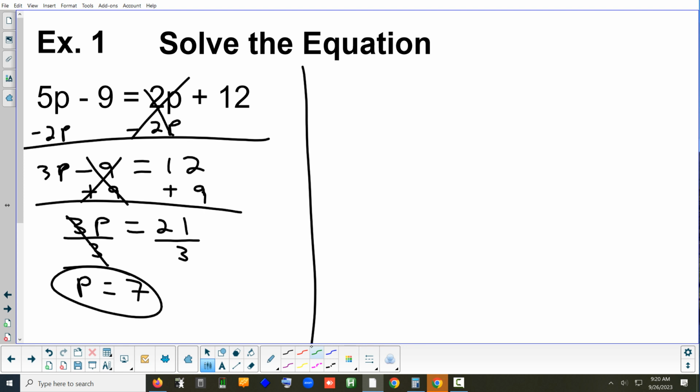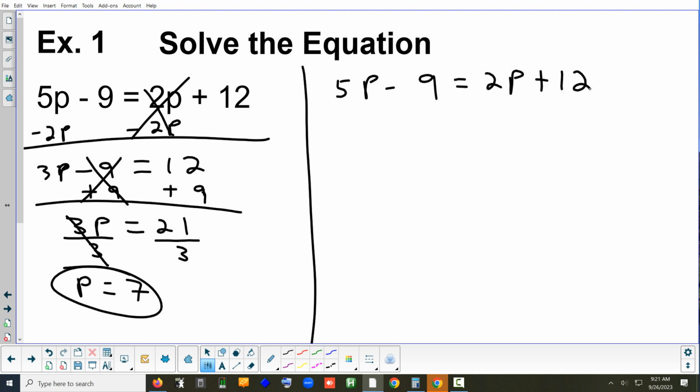Any question on solving it that way? Now, did anybody solve it where they put the p variable on the right side? No? Well, let's try it and just see if it comes out the same. So 5p minus 9 equals 2p plus 12.